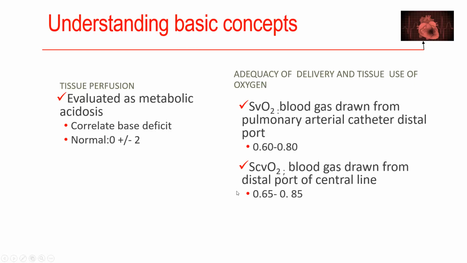But SVO2 and SCVO2 are a measure of the reserved oxygen that remains in the venous circulation after blood has passed through all your capillary beds. So when I have inadequate delivery of oxygen, my SVO2 will be low, because my tissues are going to be using more of the oxygen reserve because it didn't get enough delivery.